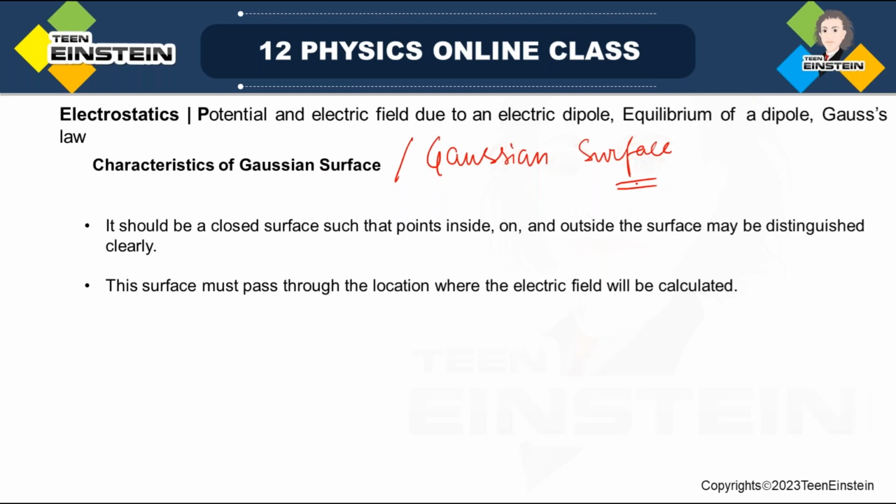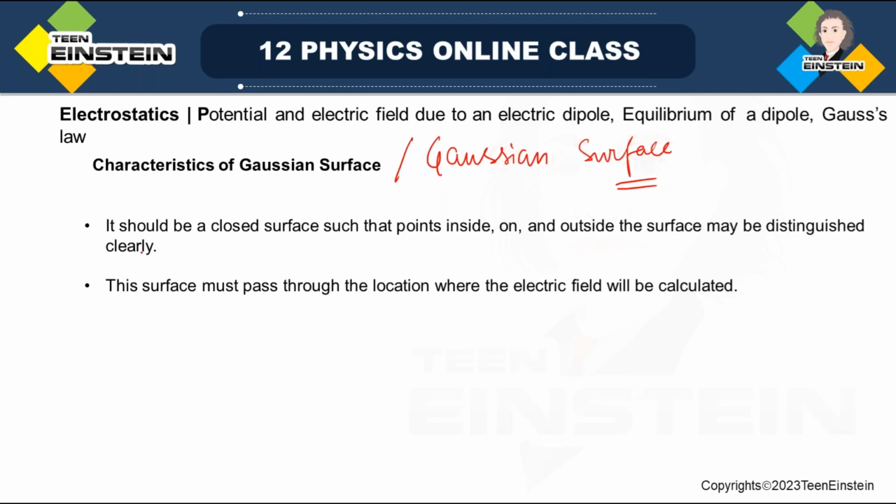I need to consider a closed surface which encloses the given charge distribution, either a continuous charge distribution or maybe point charges. So you have to always draw a Gaussian surface.